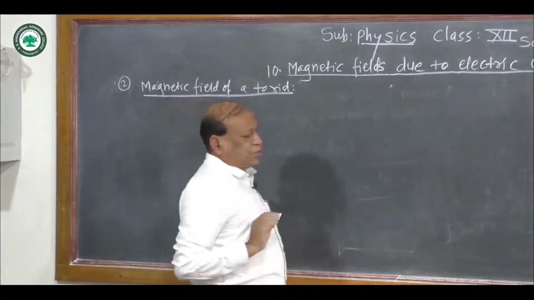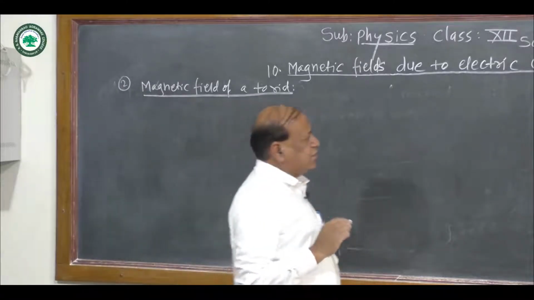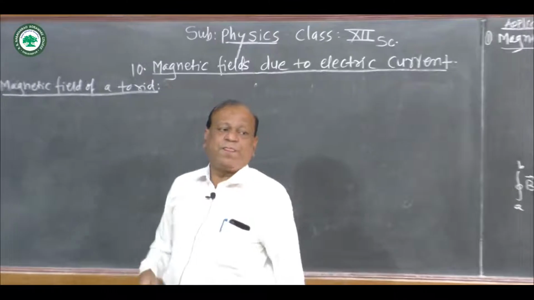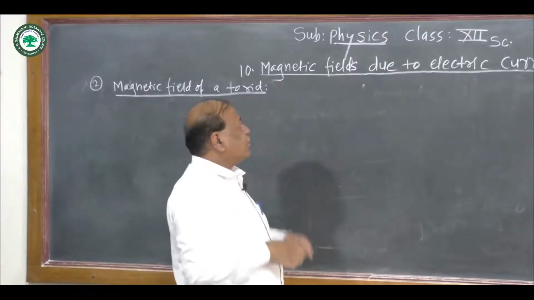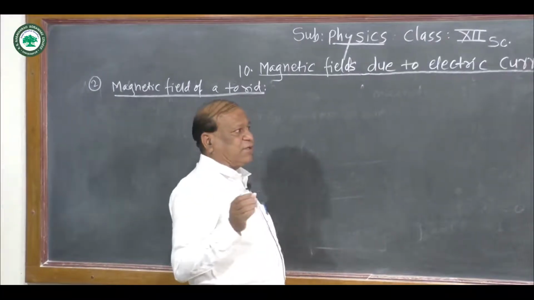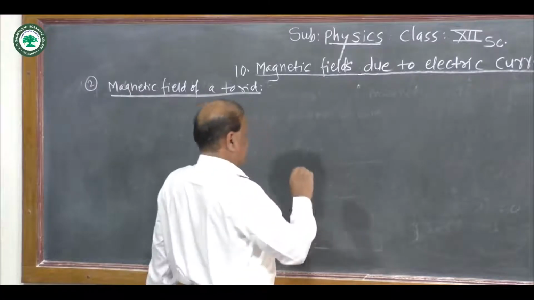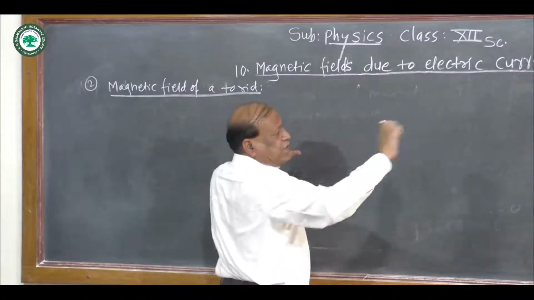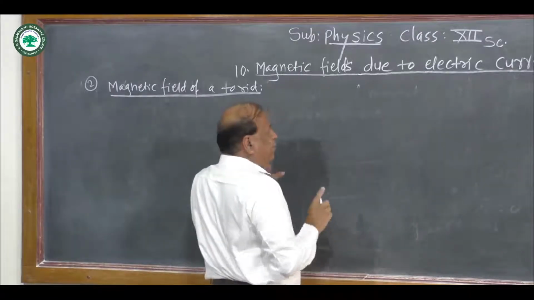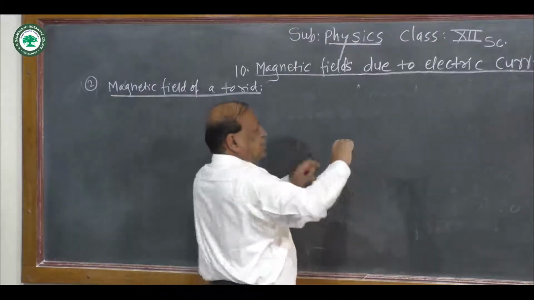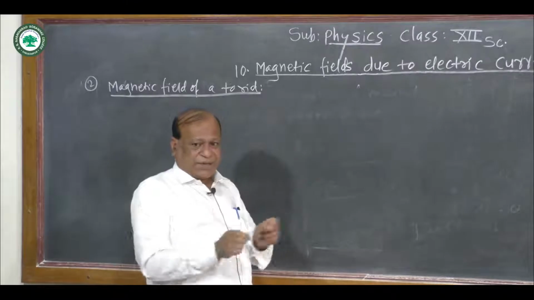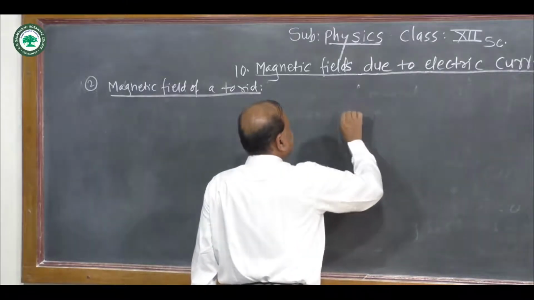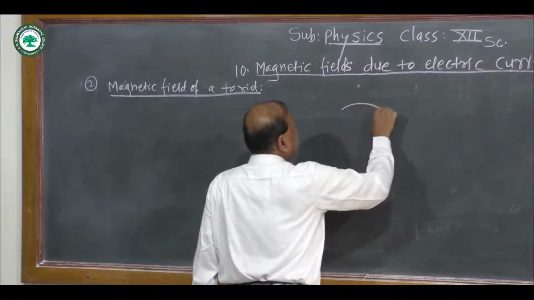Now what does it mean by toroid? This solenoid is bent in a circular path, that is, an endless circle. The only difference is that the solenoid here is a straight line, and now this solenoid is bent in a circular path, that is, an endless circle.